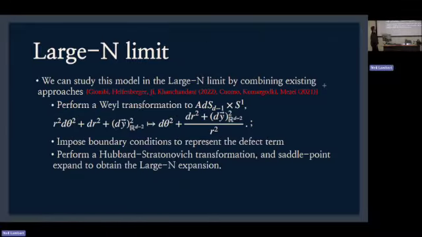So we look at it in large N, and we do so using fairly standard techniques other people have used for defect CFTs. So in particular, there are these 2 papers by Giombi et al. and by Cuomo et al., where they use this to study monodromy defects and pinning field defects. And essentially the way they do so is they perform a useful Weyl transformation.